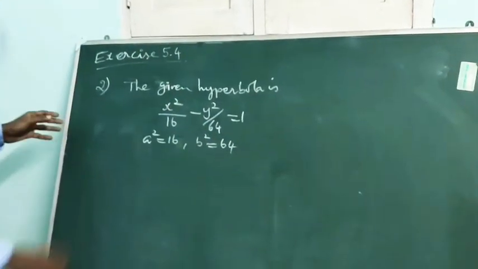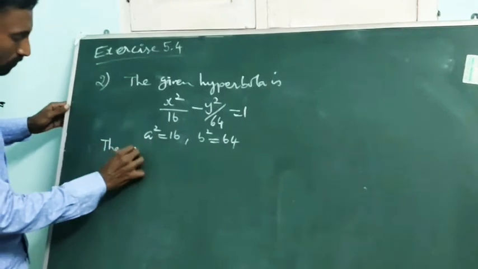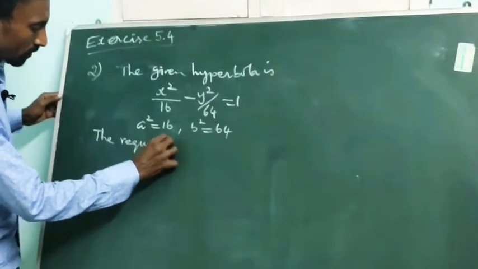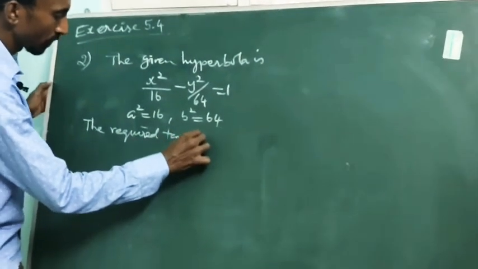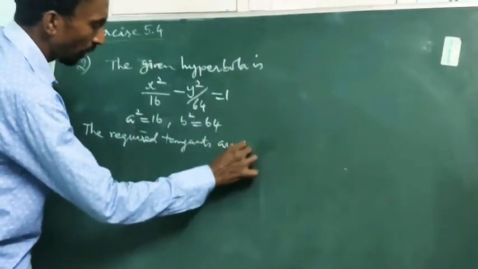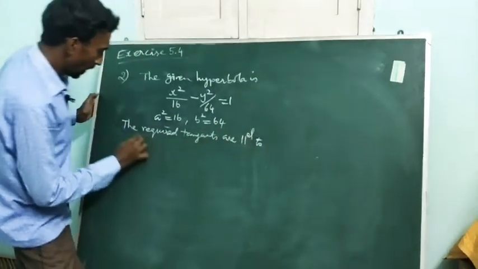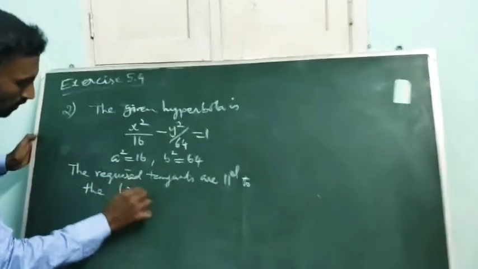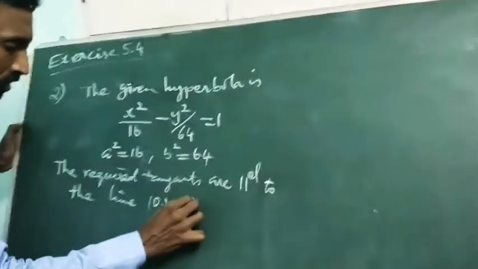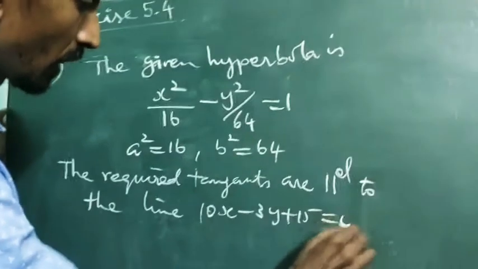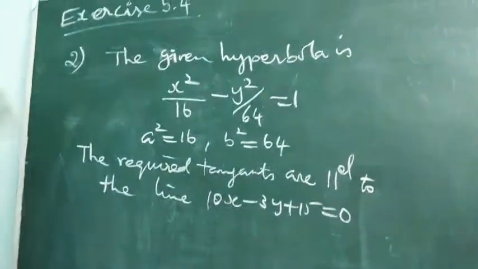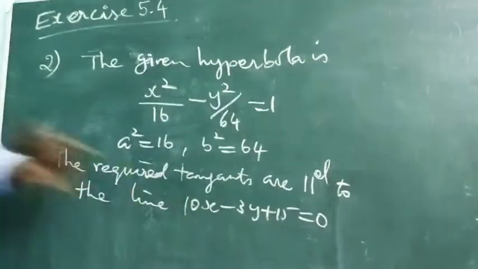Okay. So the required tangents are parallel to the line 10x minus 3y plus 15 equal to 0. That means their slopes are equal.